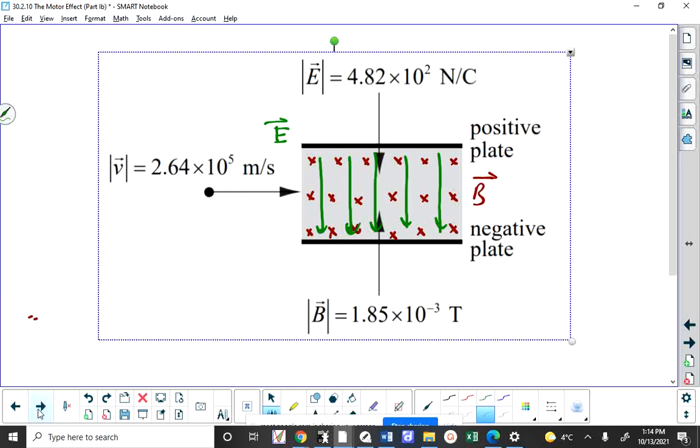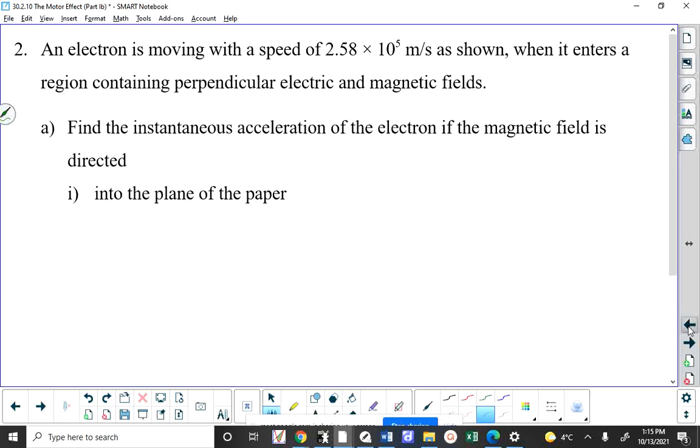So let's take a look now at the question, what is the instantaneous acceleration? So what we need to know is the net force so that we can determine the acceleration. In example 1 today, the net force was the magnetic force because there was no other force.